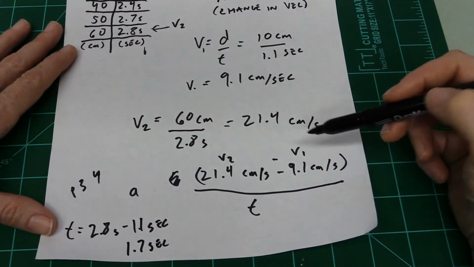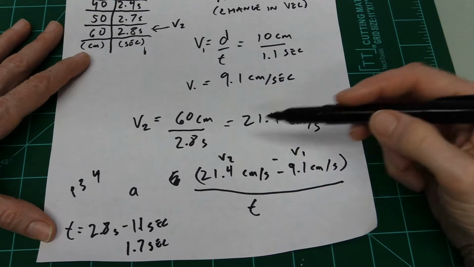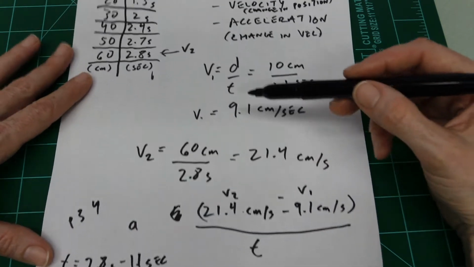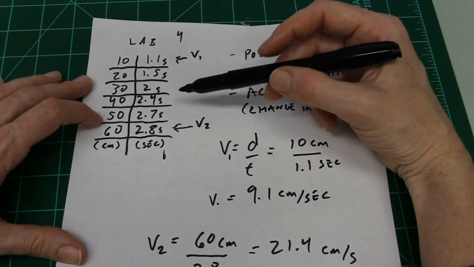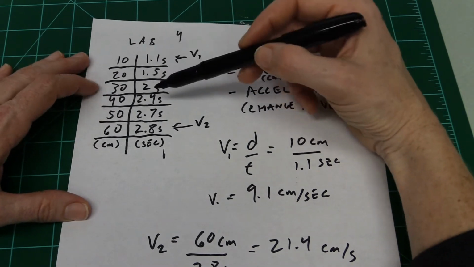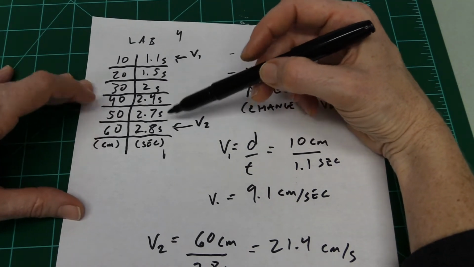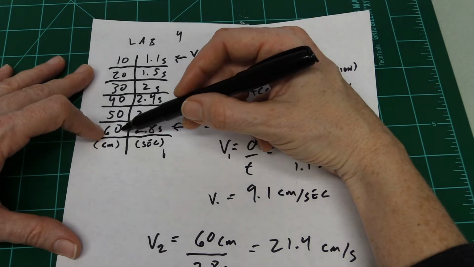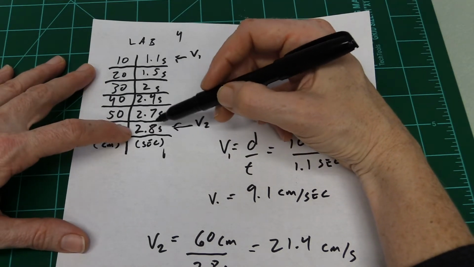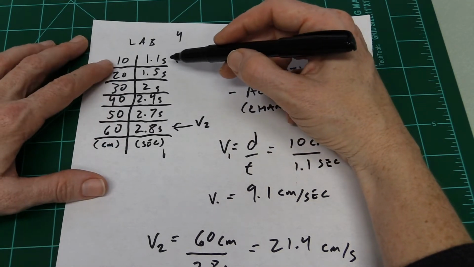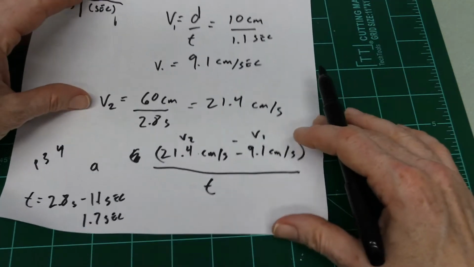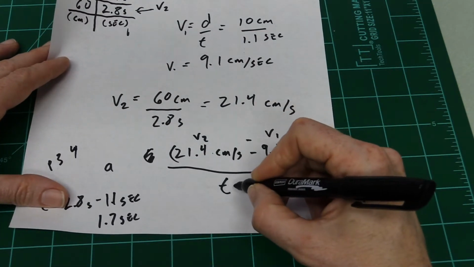So it went from velocity V1 to velocity V2. You can go back up to the table: at 60 centimeters it was at this time, and at 10 centimeters it was at this time. Those are the respective times.